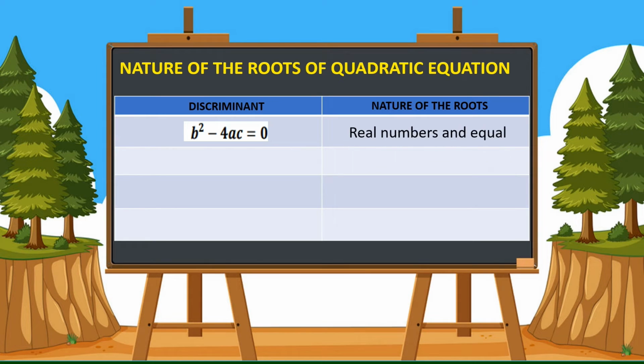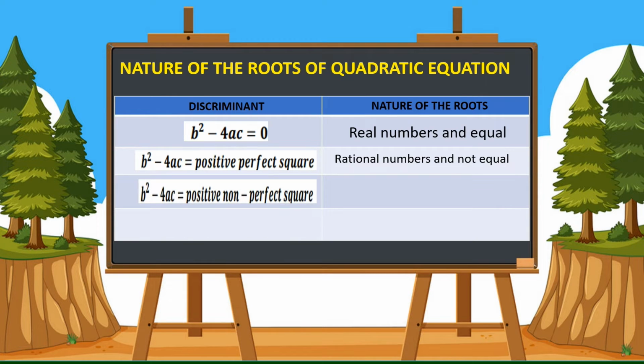real numbers and equal. And if the discriminant b squared minus 4ac is equal to a positive perfect square, then the nature of the roots are rational numbers and not equal. And for b squared minus 4ac equal to a positive non-perfect square, then the nature of the roots are irrational and not equal.